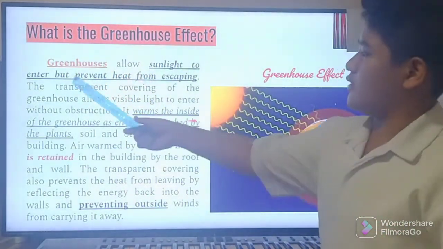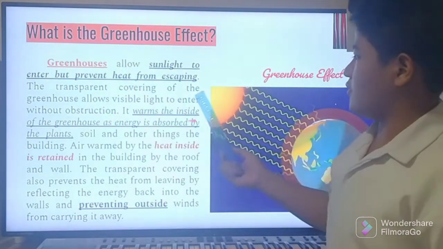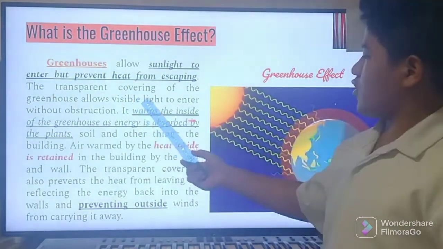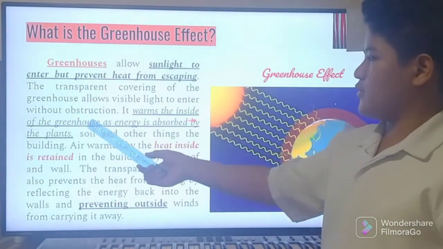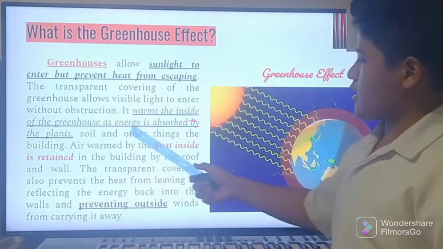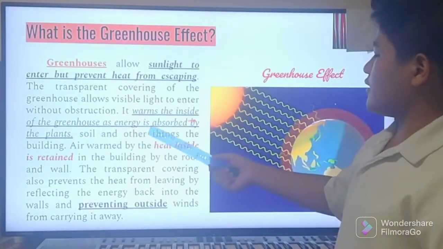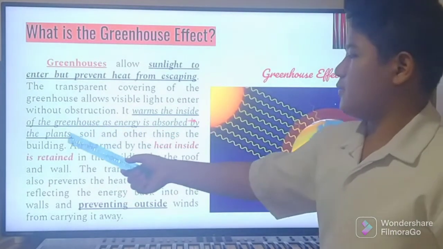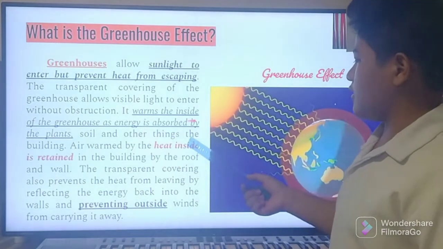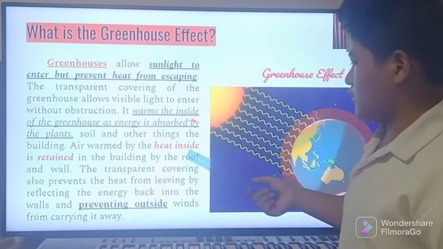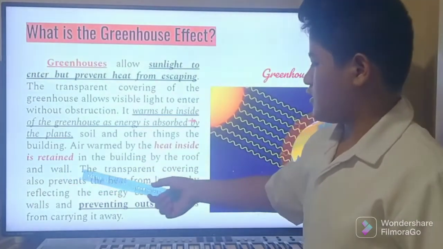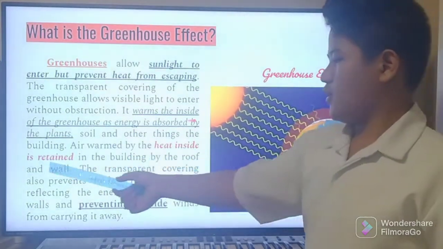Greenhouses allow sunlight to enter but prevent heat from escaping. The transparent covering of the greenhouse allows visible light to enter without obstruction. It warms the inside of the greenhouse as energy is absorbed by the plants, soil, and other things in the building. Air warmed by the heat inside is retained in the building by the roof and walls.